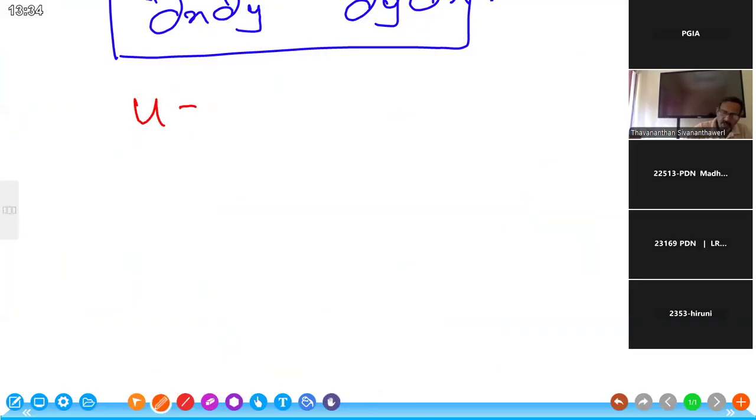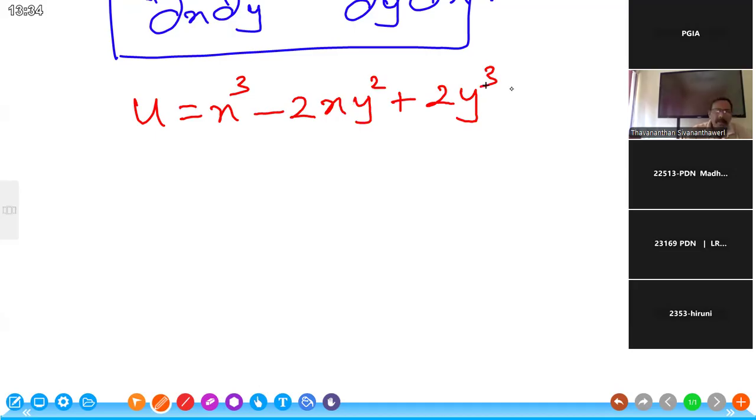Here, u, that is another variable, u = x³ - 2xy² + 2y³, similar to z. How many variables are there, first of all? 3.